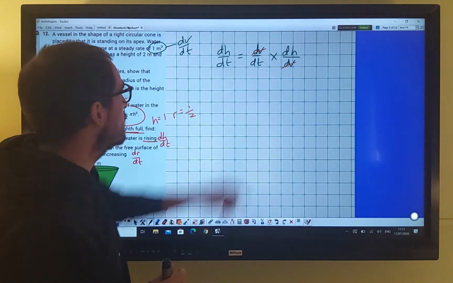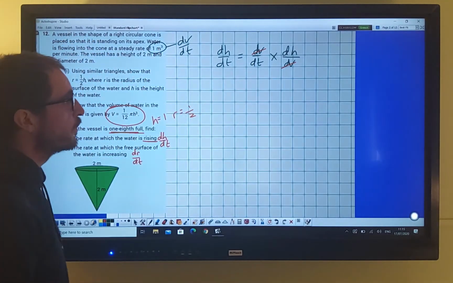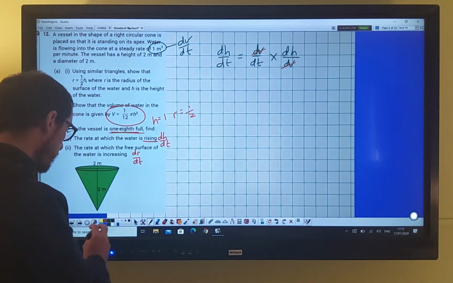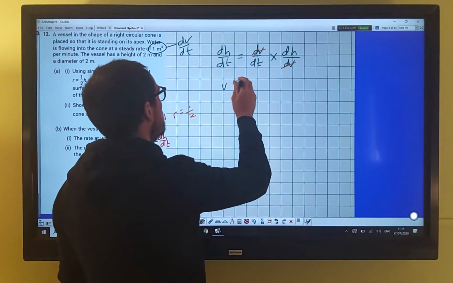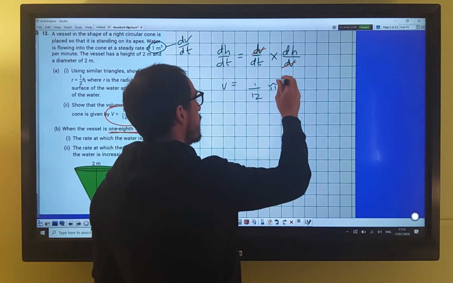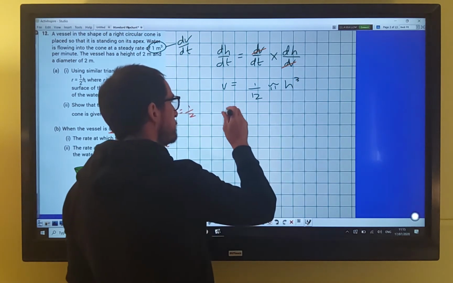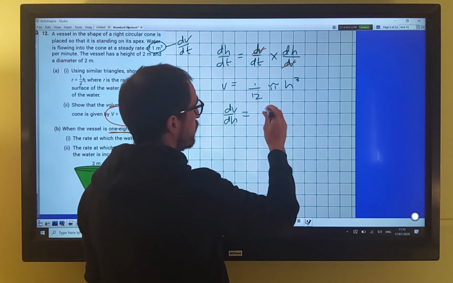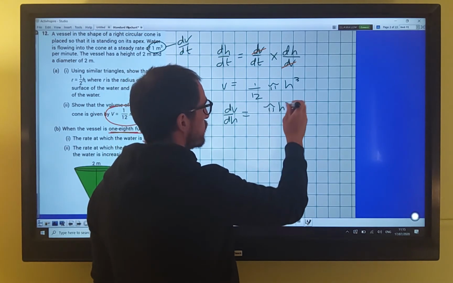Now, I have the dV/dt, it's equal to 1 meter cubed per second, but I don't have the dh/dV. So, this is how I go and get that. The volume is equal to 1/12 pi h cubed. The dV/dh is equal to 3 times 1/12, which is a quarter, so it's pi h squared over 4.